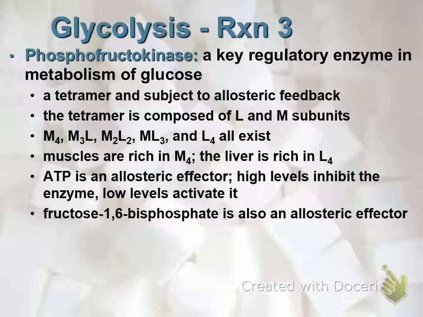Also, it's inhibited by its own product, fructose 1,6-bisphosphate, which should also make sense. Sometimes they abbreviate it as fructose 1,6, sometimes they say BP, sometimes they say P, for bisphosphate, to let you know that there are 2 of them.